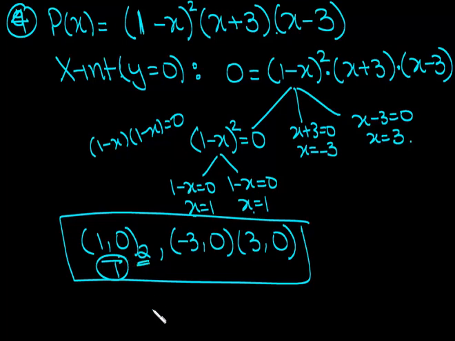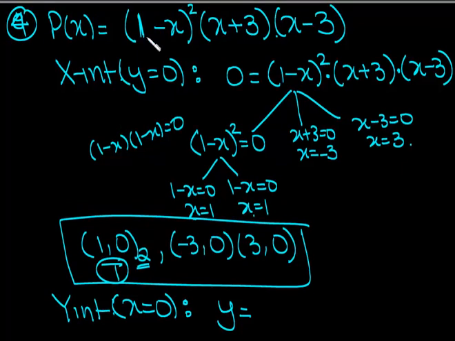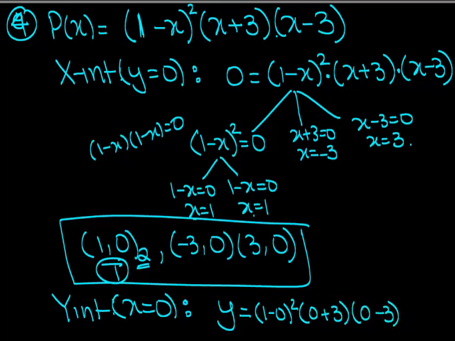To find the y-intercept, what do we do? This time we do have a y-intercept, so let's do that. We set x to 0 to find the y-intercept, so we get y is equal to 1 minus 0 squared, then we get 0 plus 3, and we get 0 minus 3.